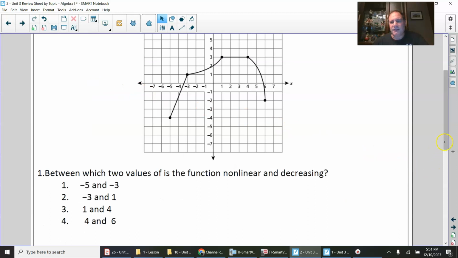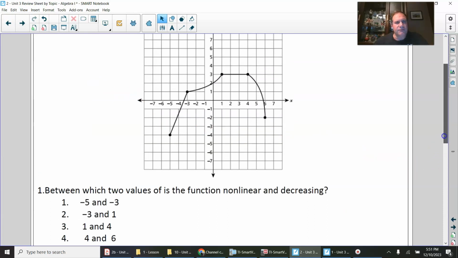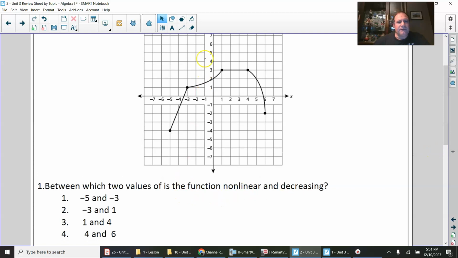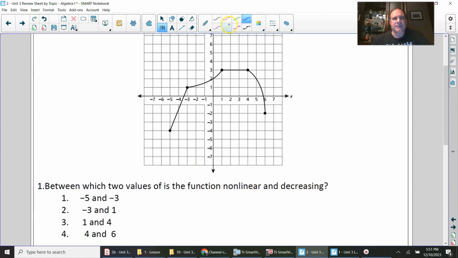All right. Between which two values is the function nonlinear and decreasing? So that means it has to go down, and it can't be straight, right? It has to be curved.